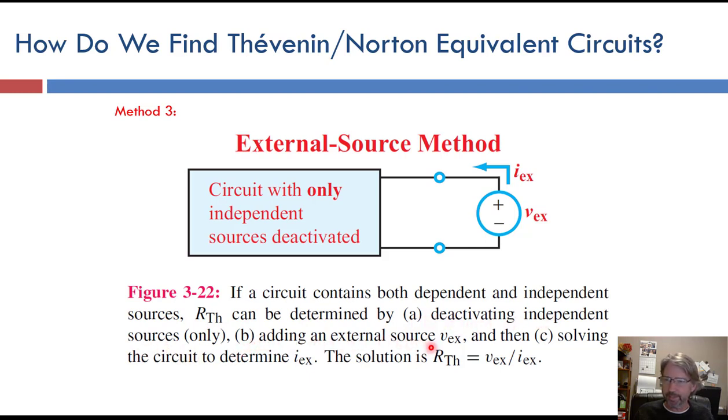You add this external source, and then you solve that circuit, which is simplified because it doesn't have the independent sources, the round ones. It has the diamond ones still. And we can find the Thevenin resistance from the applied voltage. Often people use 1 here and divide it by the current that you solve in your analysis. So that's the third method that you could do. Sometimes a little bit simpler than method 1, and it works with dependent and independent sources.